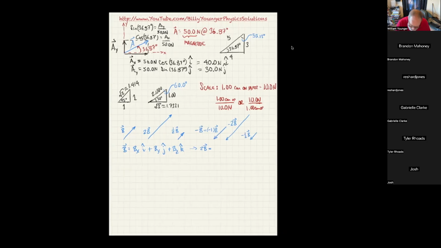So this one's going to become 2b_x i hat plus 2b_y j hat plus 2b_z k hat. And of course, if you did a -2, it would be a negative in front of each of those terms. Does that make sense to everyone?